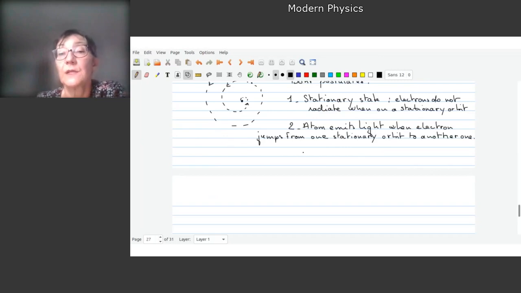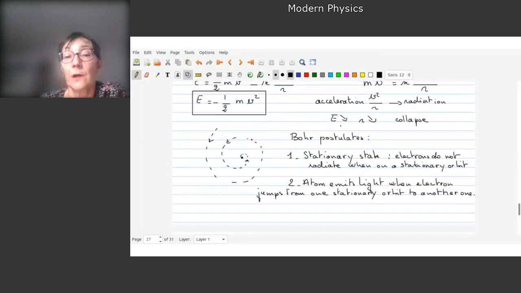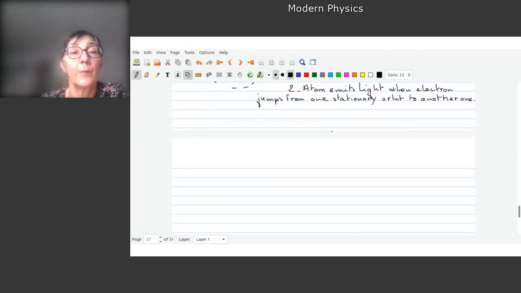But actually, the light emitted by the electron, by the atom, doesn't have the energy of one of the orbits. So this is where Bohr uses the results of Planck and Einstein.